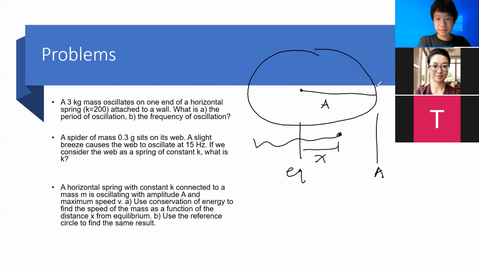So now what? Well, we know that at any point on the reference circle, the velocity of the object is the horizontal component of the velocity of the bead. So if the velocity of the bead is going like this at an angle, then we want to find this. This is equal to v. These are the exact same thing. So that's what we want to find. We want to find this horizontal component.